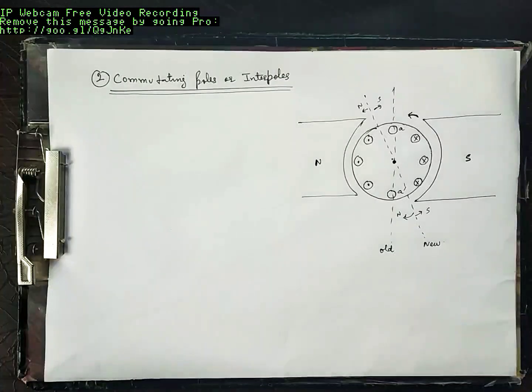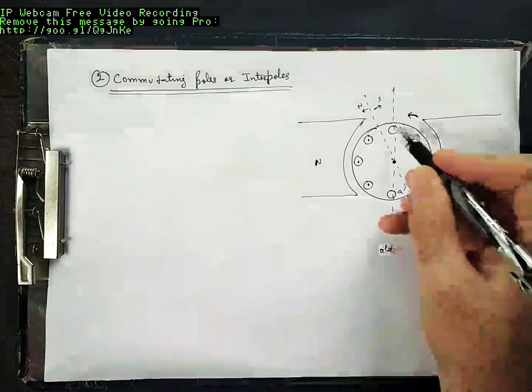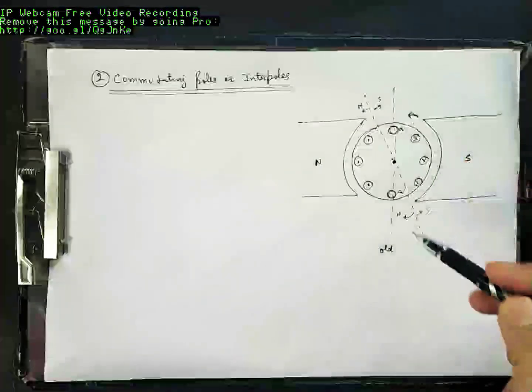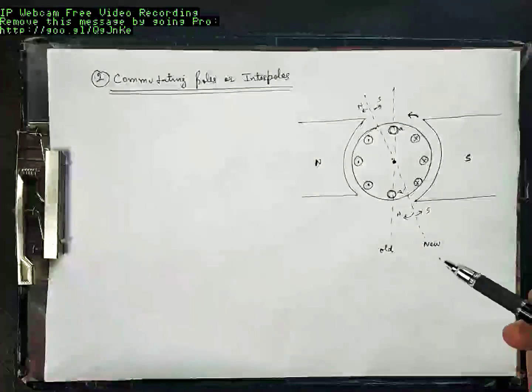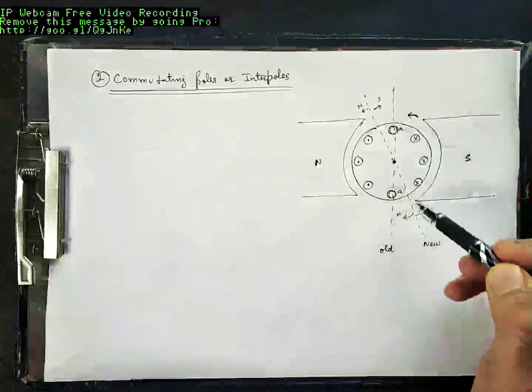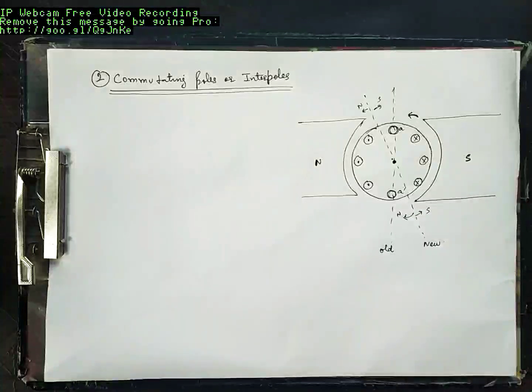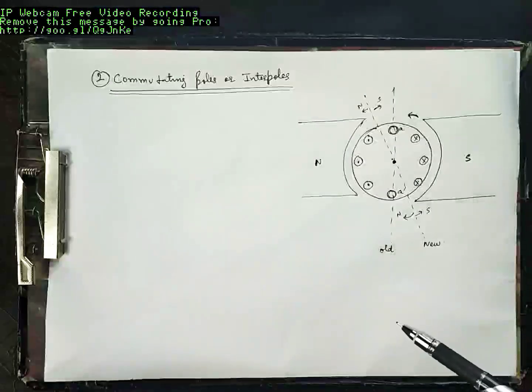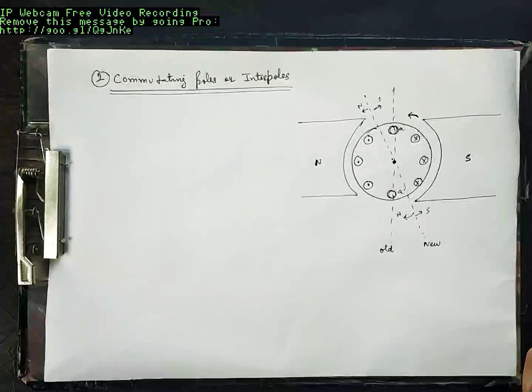Initially, when there was no current through the armature, conductor A and conductor A prime were lying along the magnetic neutral plane. So voltage induced in this conductor was 0, voltage induced in this conductor was 0. Brushes were placed such that they were short-circuiting this coil A and A prime when the voltage across this was 0.